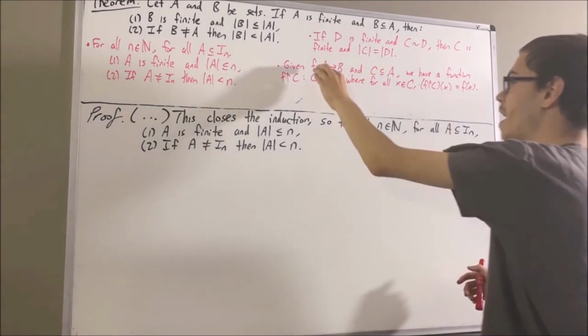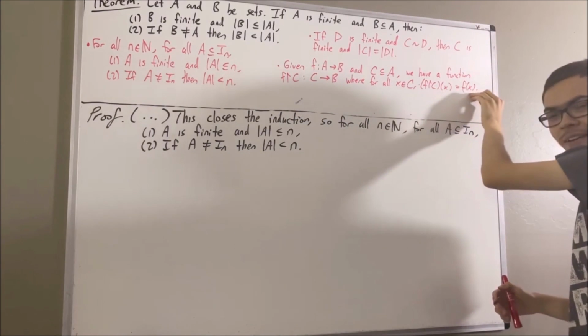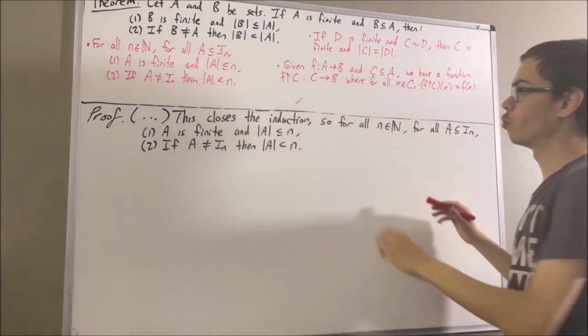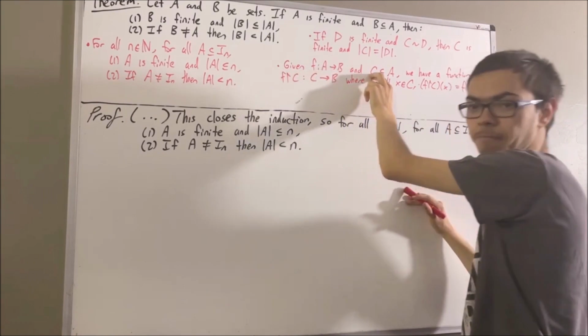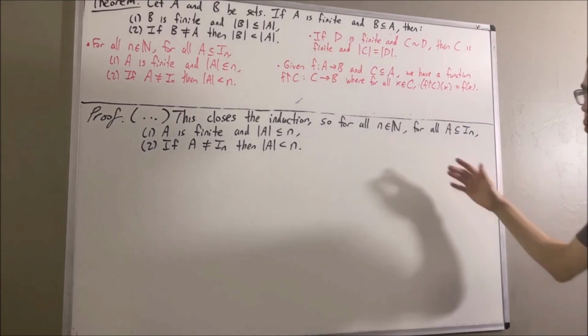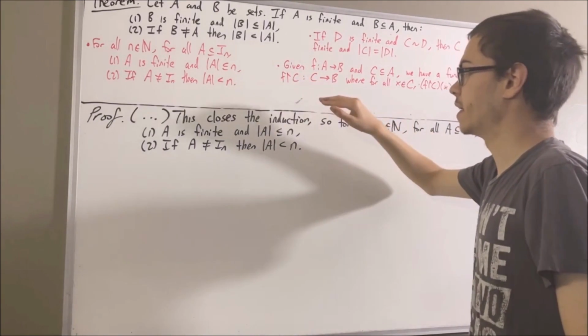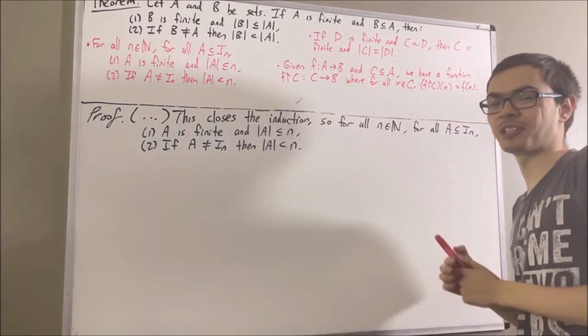Right, so f and the restriction of f to C do essentially the same thing. The only difference is we're restricting the domain of f to the domain C. Now, a fact regarding the restrictions of functions is that if f is injective, then the restriction of f to C is also injective.